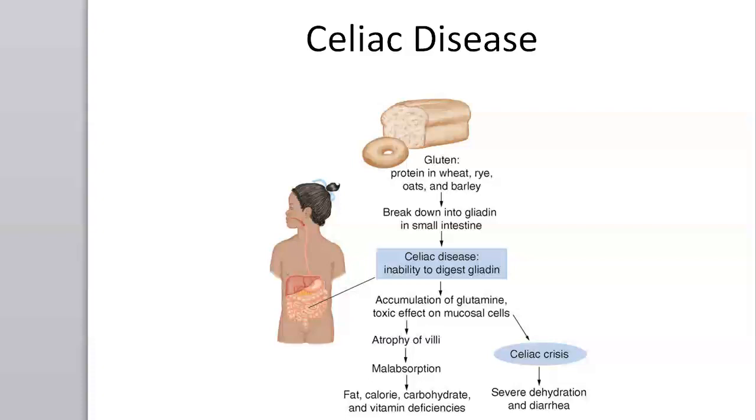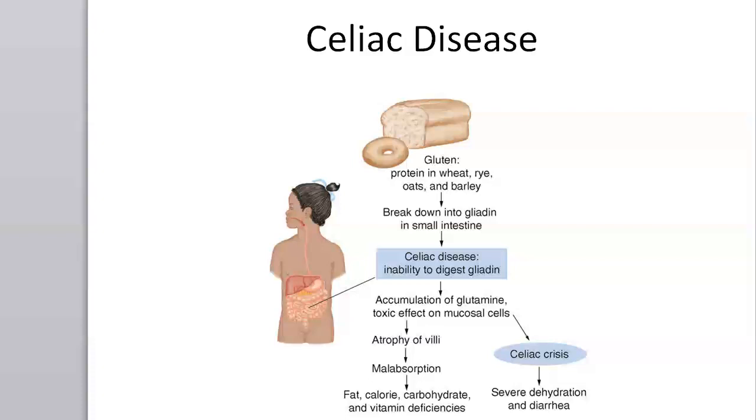It is a disease where they're unable to digest gluten. And remember, gluten is a protein that we find in any product that has wheat, rye, oats, and barley. This gluten is broken down into gliadin in the small intestines, and with celiac disease, you aren't able to break that down.